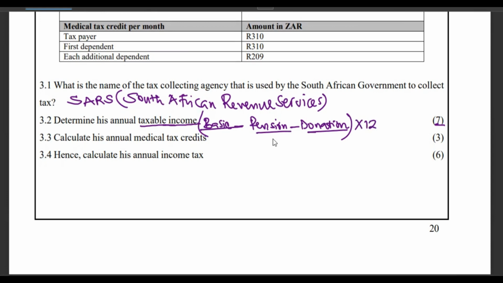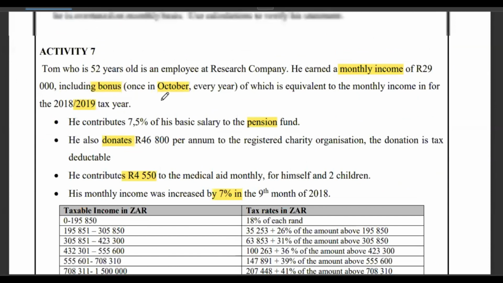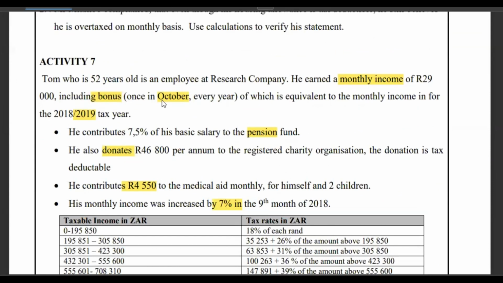But when you take a clear look at this, the donations are already annual. Pension is going to be monthly because you have monthly income. Another thing you have to know is that pension does not apply on the bonus.